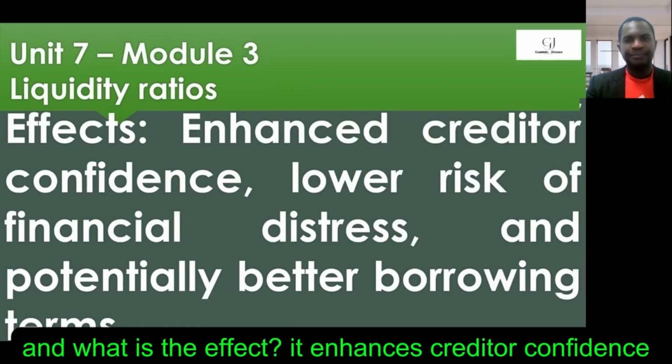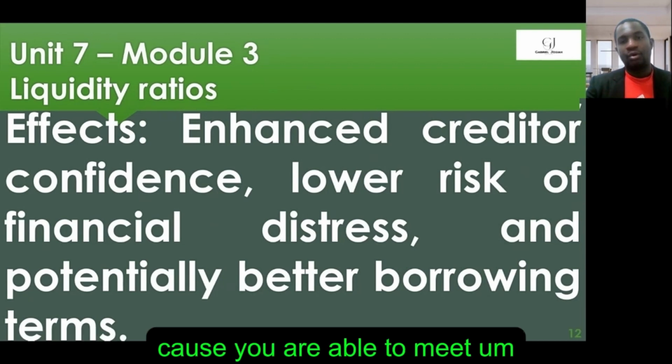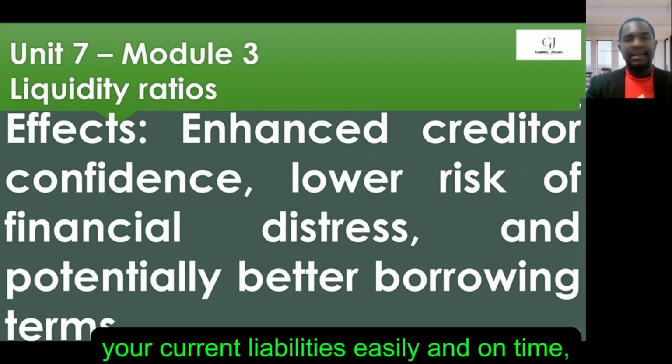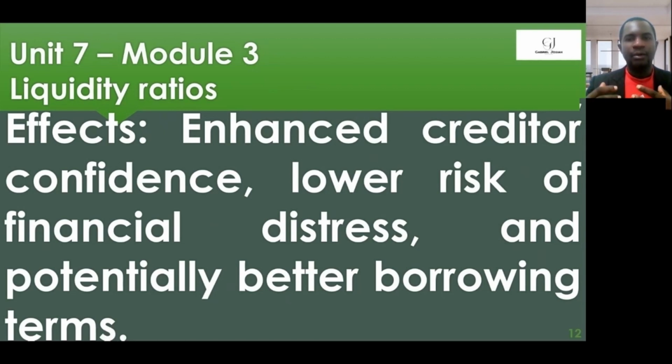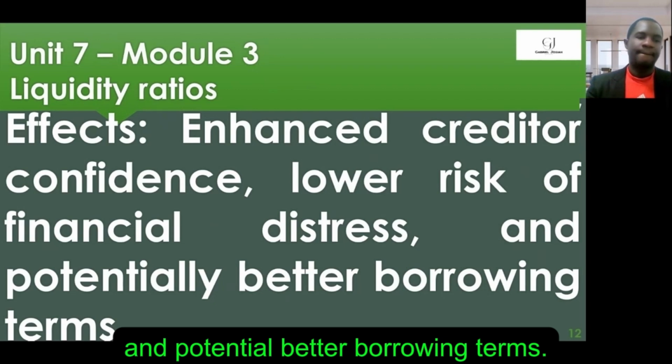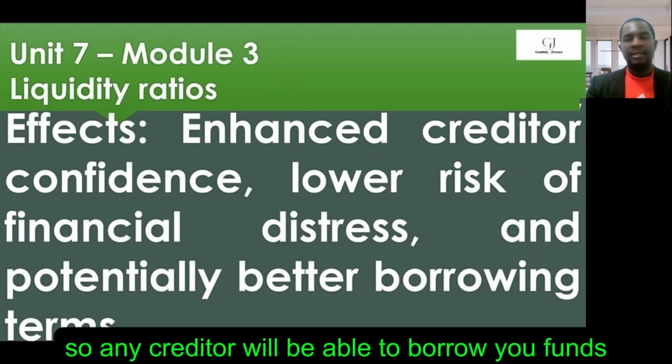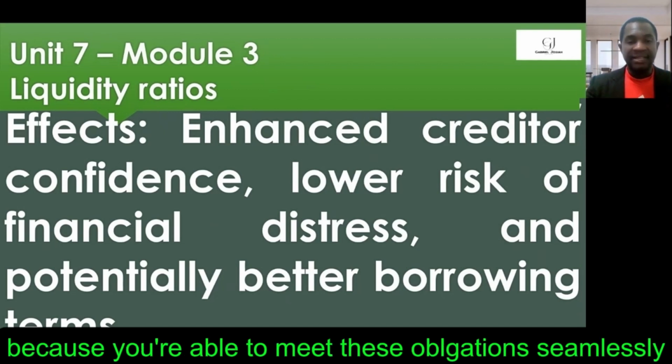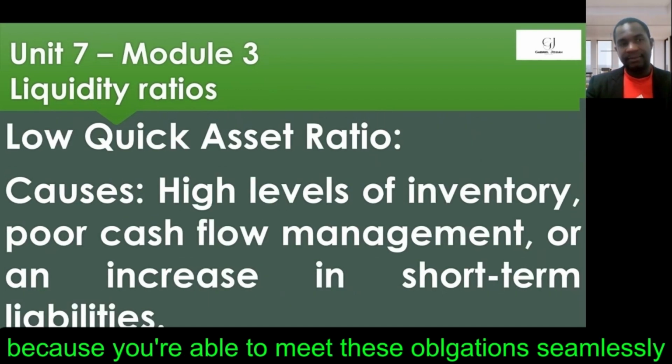And what is the effect? It enhances creditor confidence because you are able to meet your current liabilities easily and on time. Also, lower risk of financial distress and potentially better borrowing terms. So any creditor will be able to lend you funds because you're able to meet these obligations seamlessly.